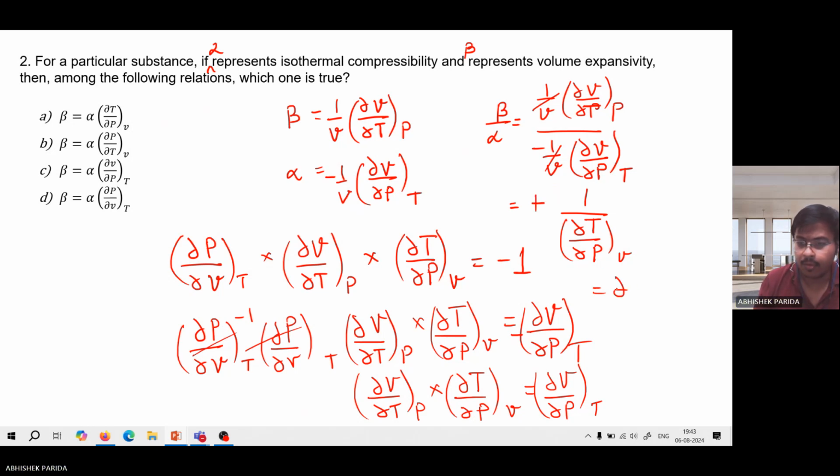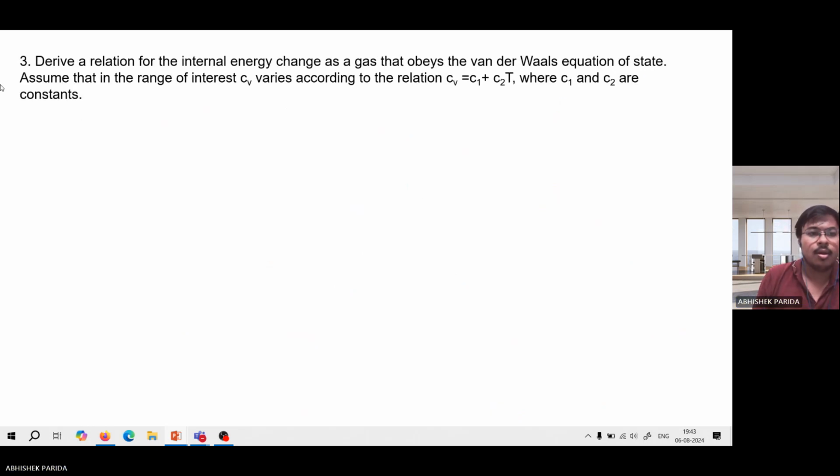This dou P by dou T at constant specific volume is equal to beta by alpha. So this one will be the answer. Okay, now we'll move ahead.